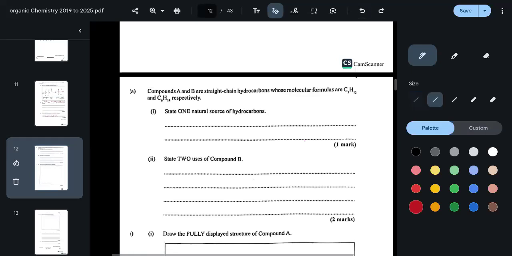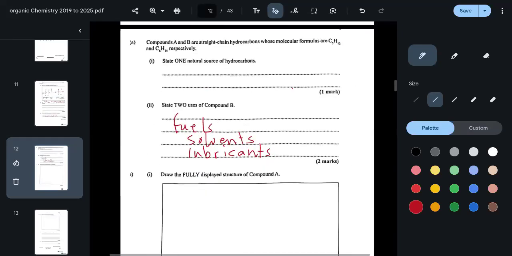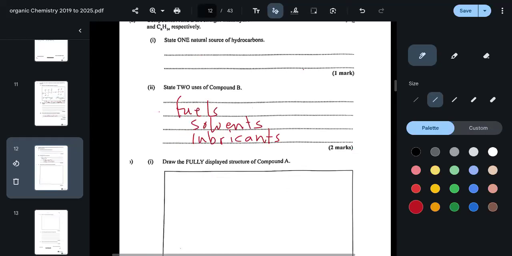Hold on. Fuels, solvents, lubricants. And draw the fully displayed structure. Well, we know how to do that.